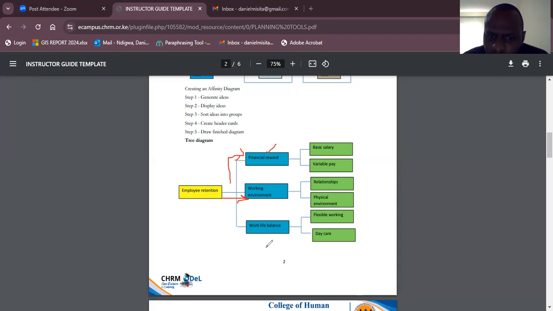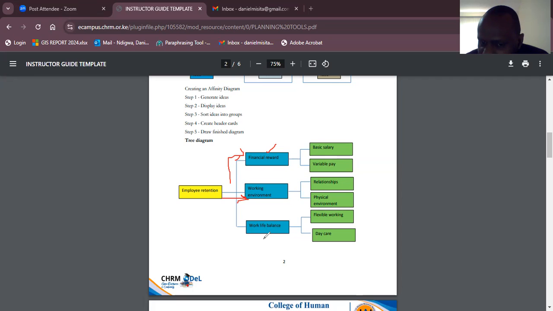Then we also have what is called the work-life balance, where you need to create a balance between your work and your social life. Therefore, the only way you can do that is by ensuring that we have a flexible working environment where you have flexi hours, so that employees can do their thing and they can also meet their family members as they try to create that balance.